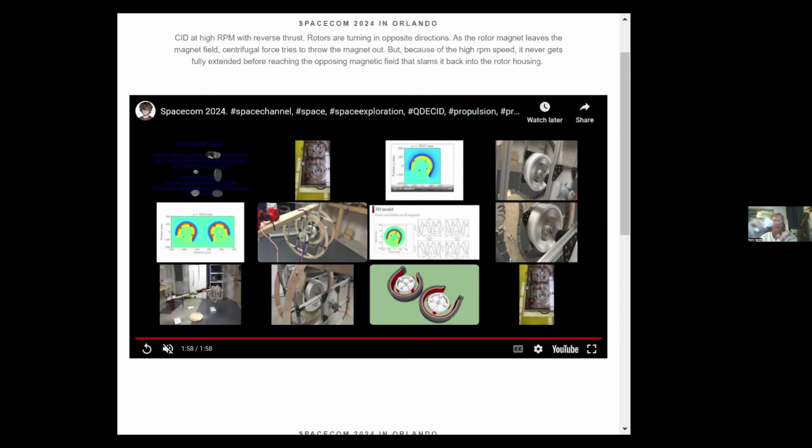And in the video, the magnet modeling showed us this. As the rotor arm comes around, centrifugal force throws it out. It moves out 20 millimeters and it stays out there for approximately a millisecond. It is imparting all of its energy within that millisecond. And then it travels a little bit, hits the magnetic field, and is pushed back in, but not slammed in.